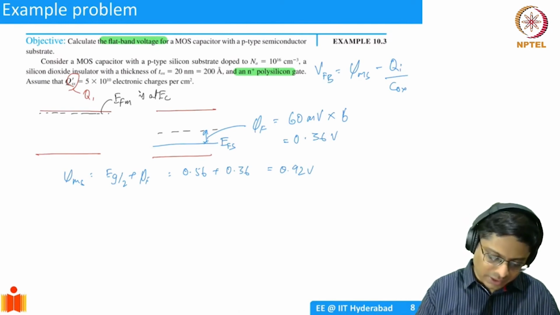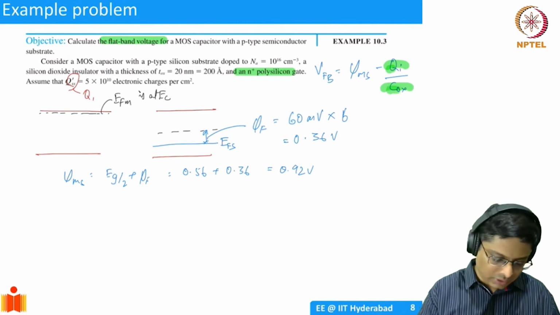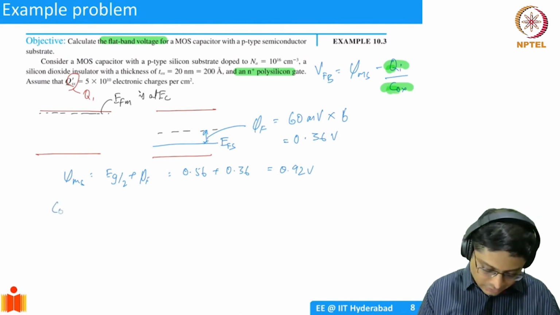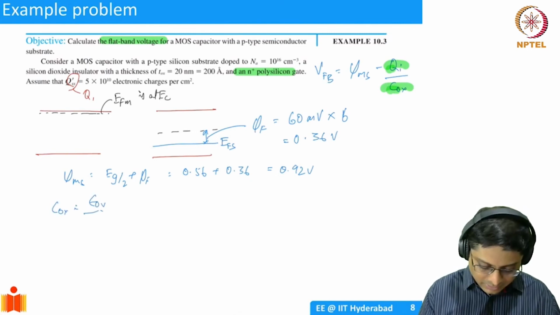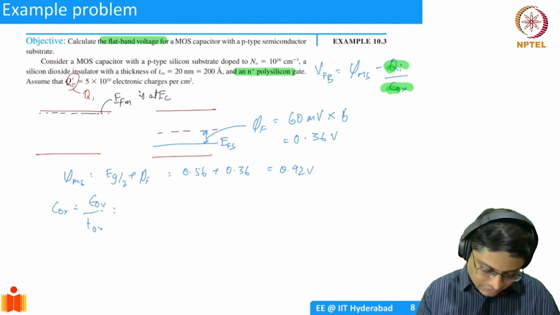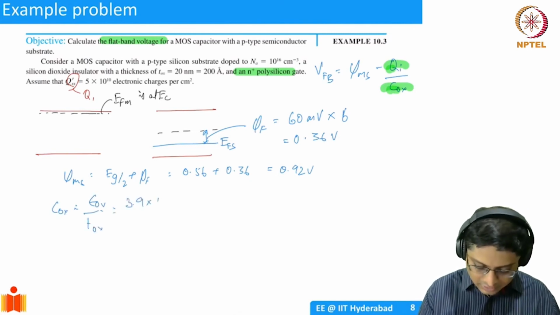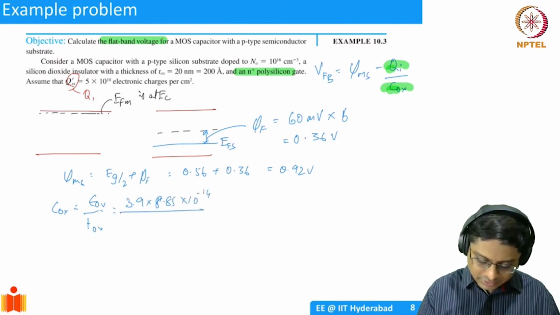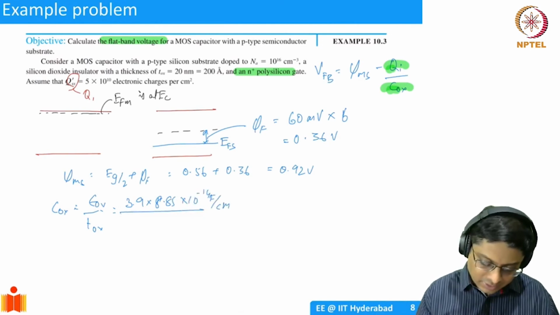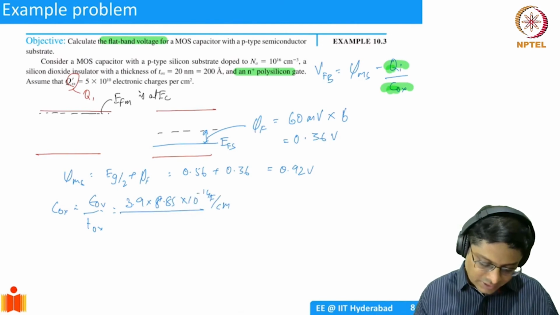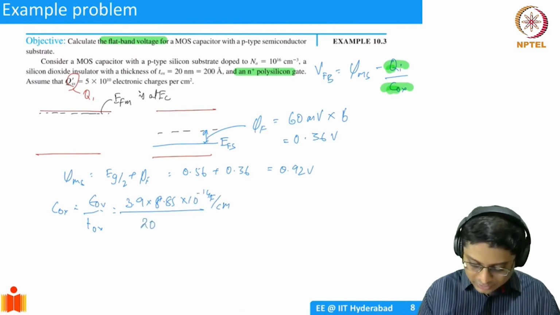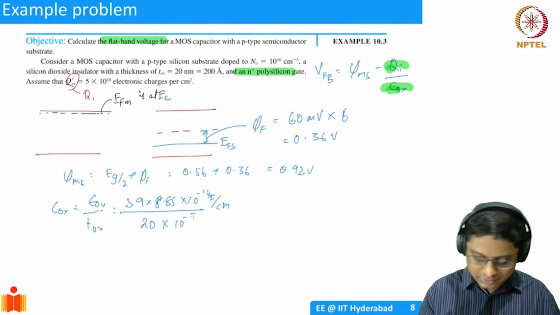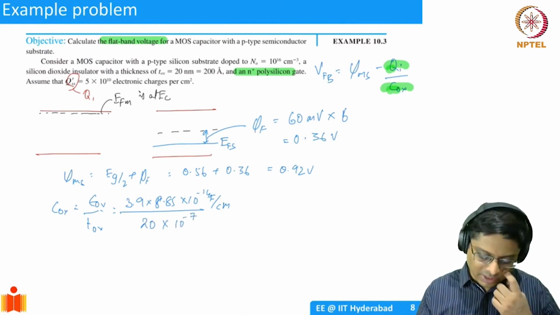And we need to find out Cox. QI is already known to us. Cox is simple. Cox is epsilon oxide divided by thickness of oxide. That is 3.9 into 8.85 into 10 power minus 14 farads per centimeter, divided by 20 nanometers. You need to write 20 nanometers in units of centimeters, so 20 into 10 power minus 7 centimeters.